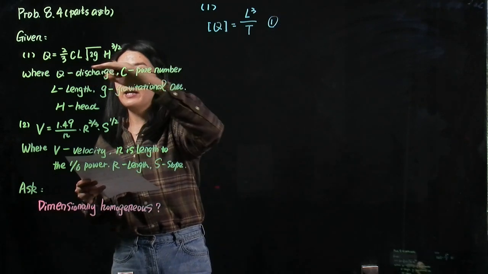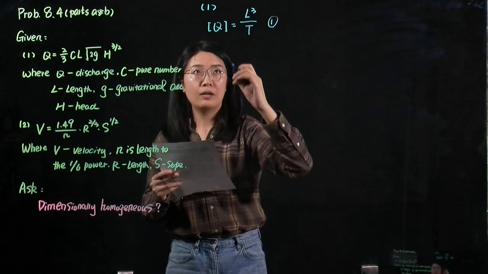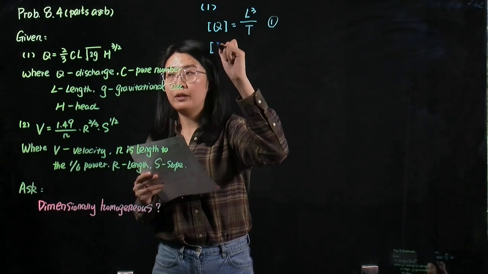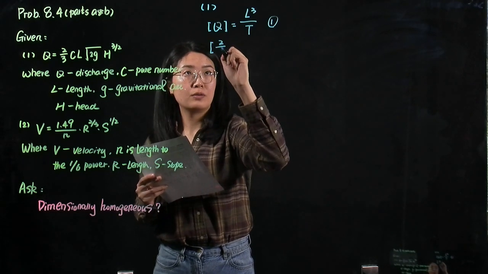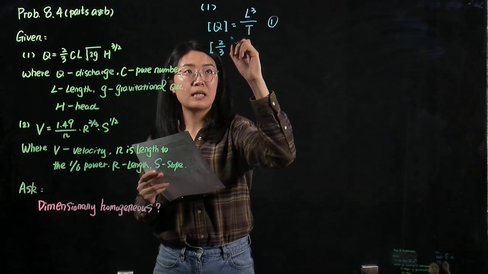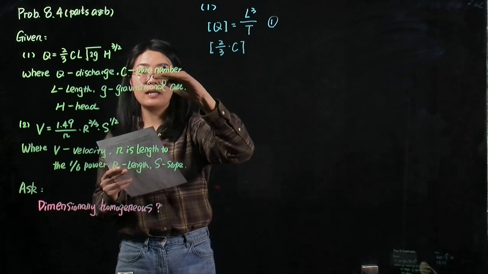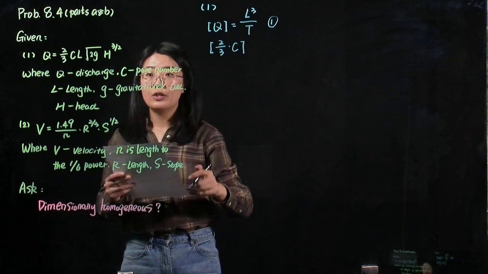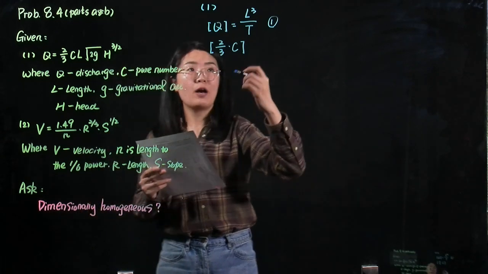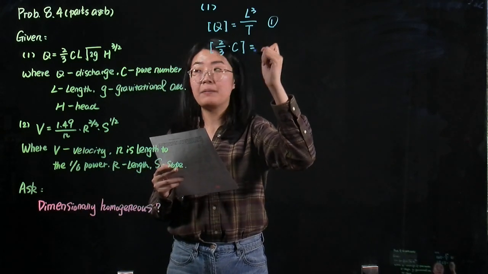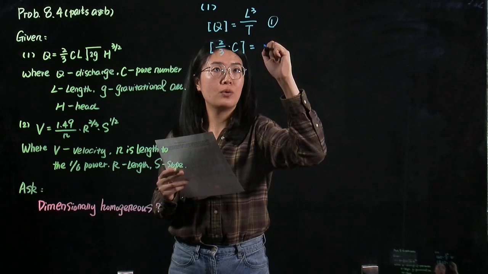And then on the right-hand side, we know there is 2/3 times C. We know C is a pure number, so its dimension equals 1.